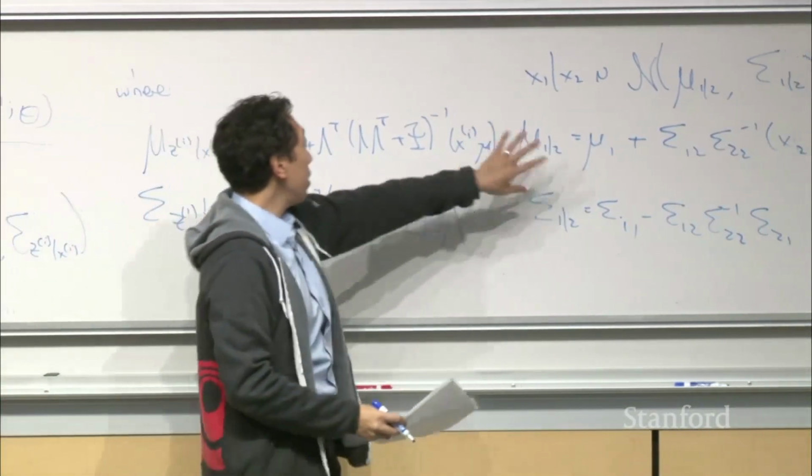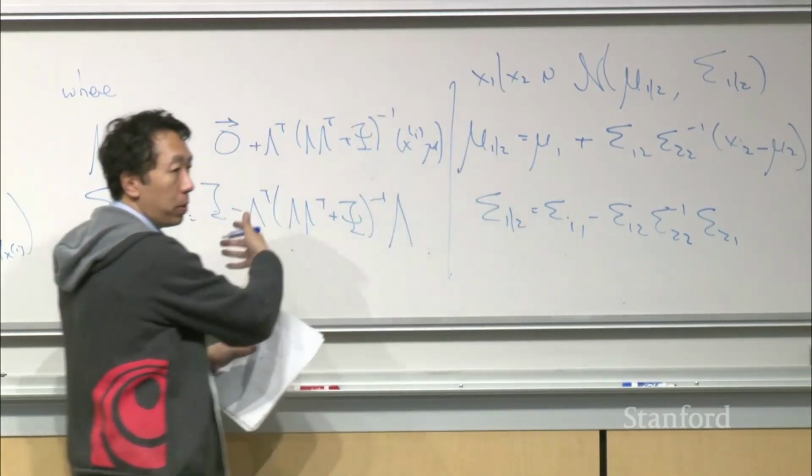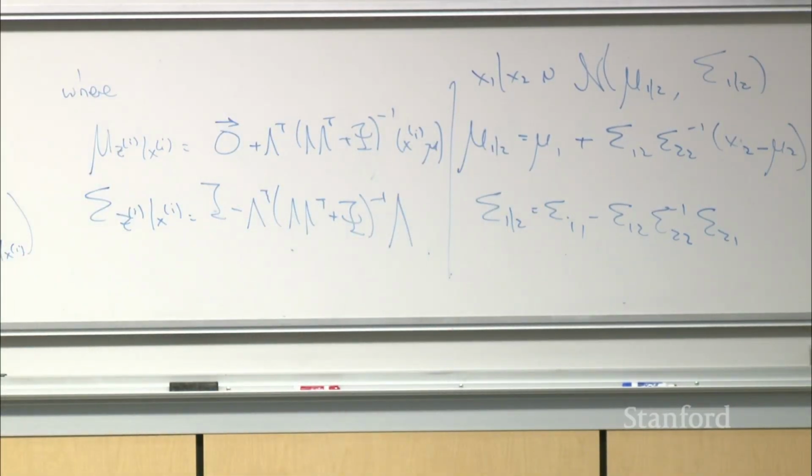These equations are exactly those two equations mapped to that big Gaussian density that we have.